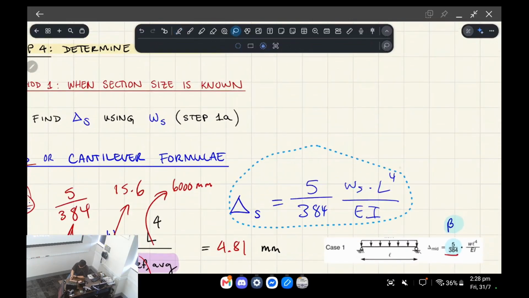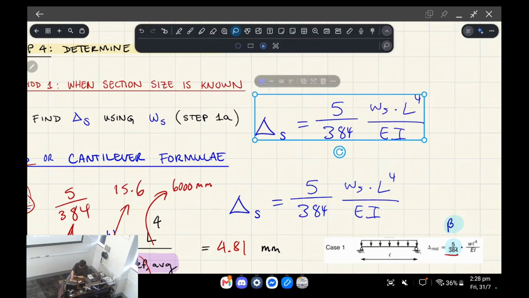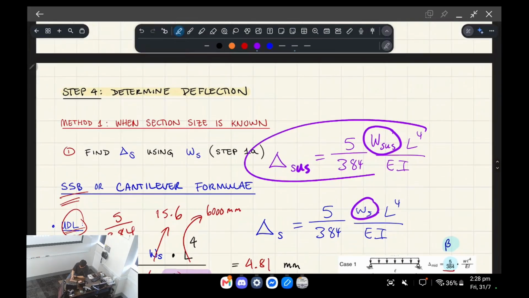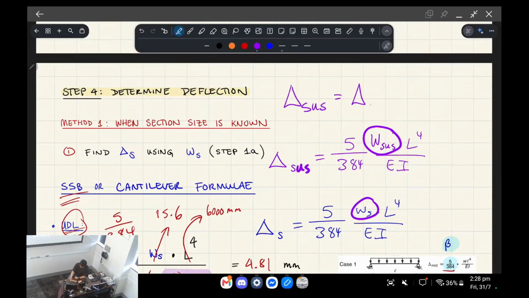For the sustained load, I'm going to make this purple, the only thing we actually change is W. W is going to be replaced by W sus. So instead of WS, we use W sus. That's literally the only thing that changes. Instead of re-plugging in every number into this calculation, we're going to find the sustained deflection from the short-term deflection.